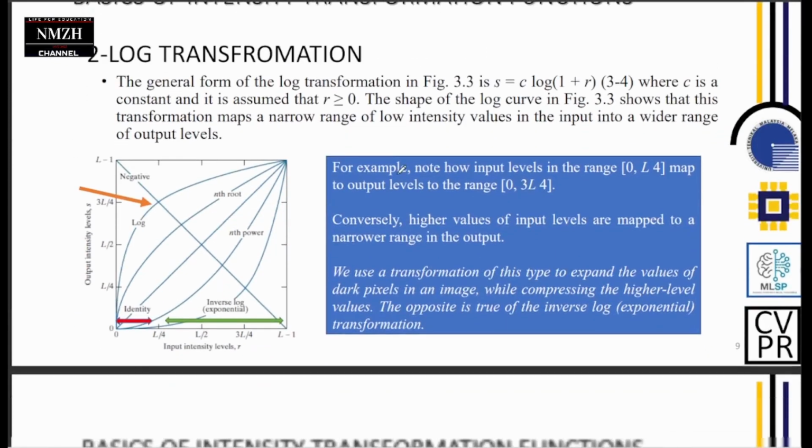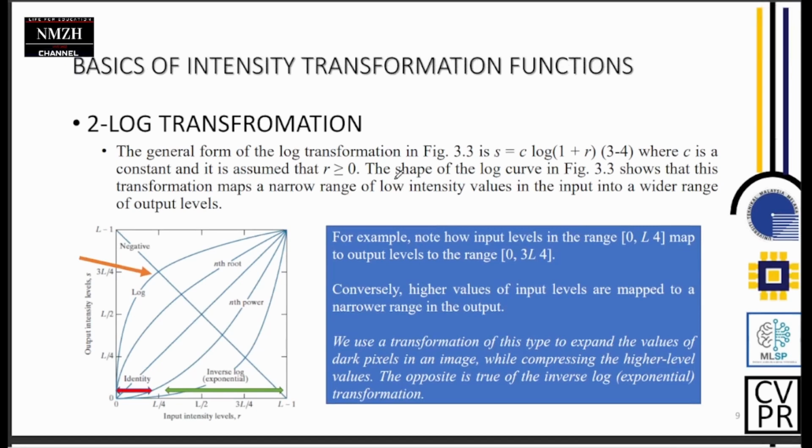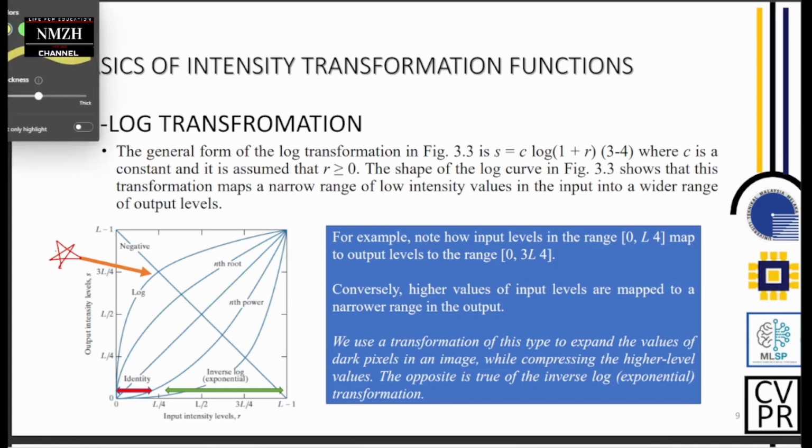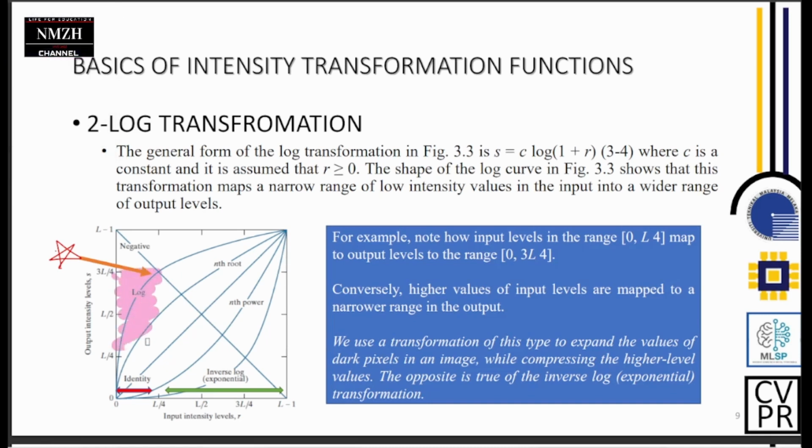The second one is the log transformation, which happened to be discussed earlier in the previous two slides. So this will be the log, guys. Here we can see what the log intensity transformation is doing.